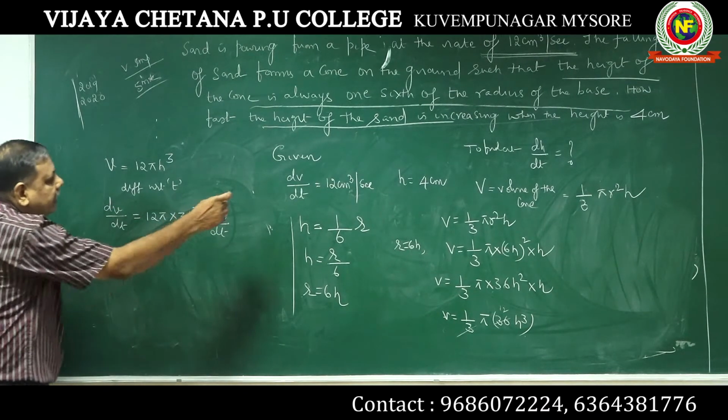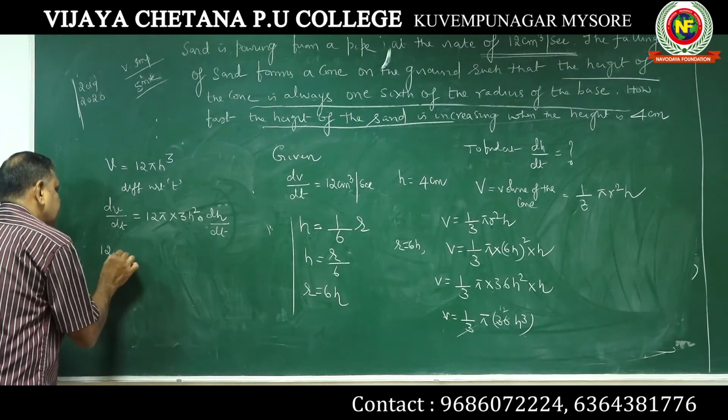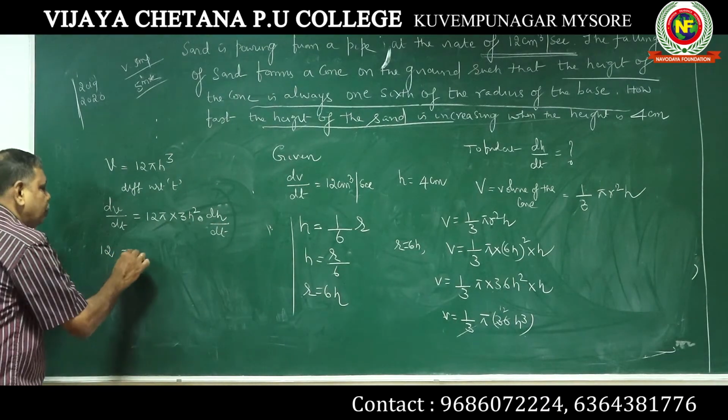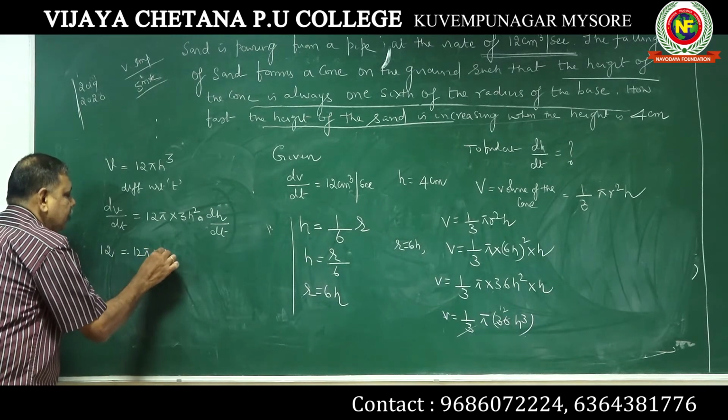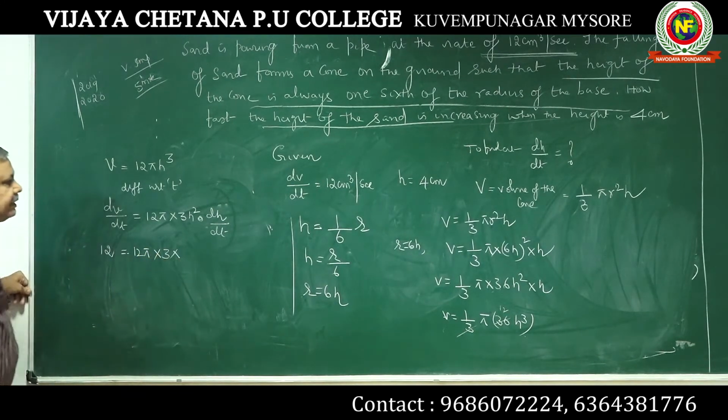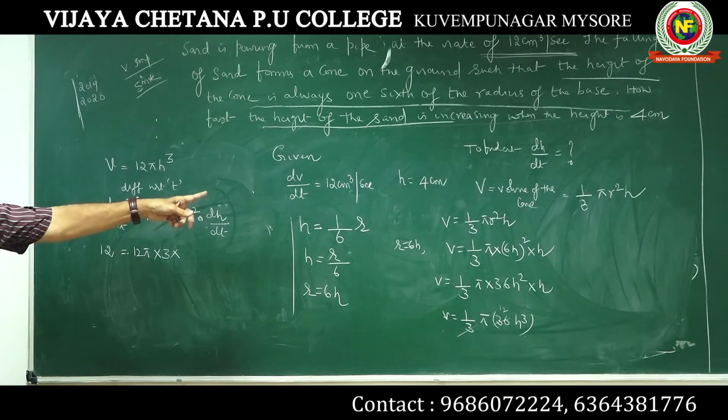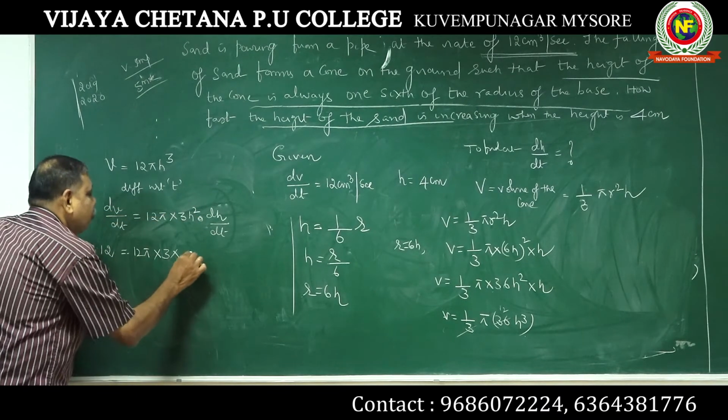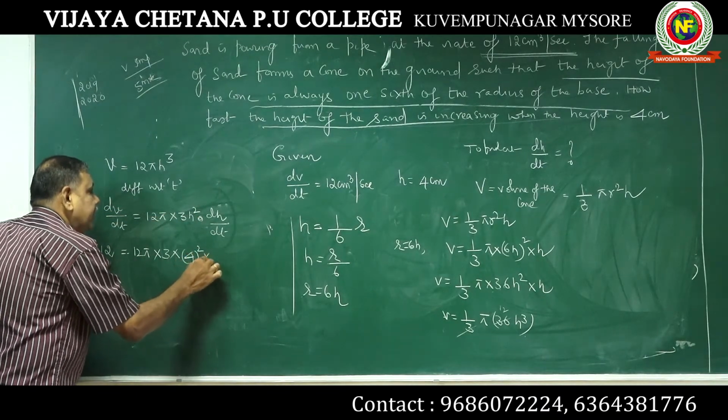So dV by dt is given, 12 is equal to 12 pi into 3 into h squared. H is given there. When height is 4 cm, 4 squared into dh by dt.